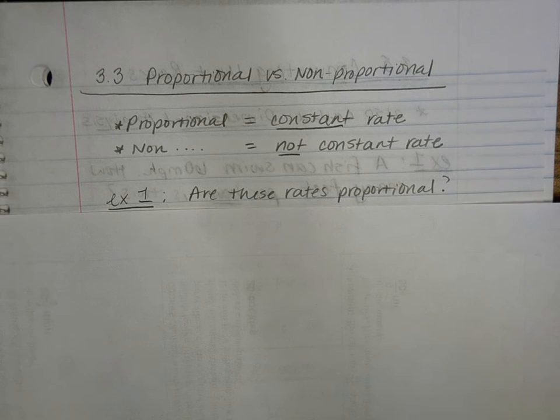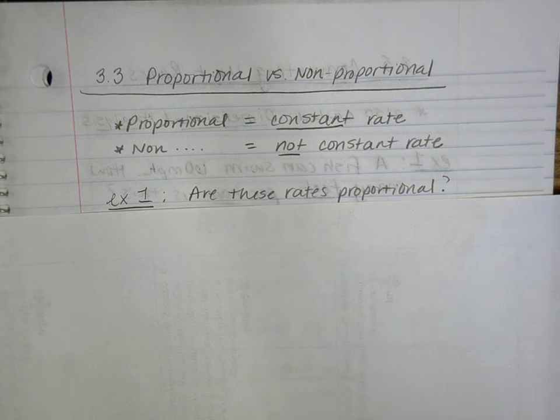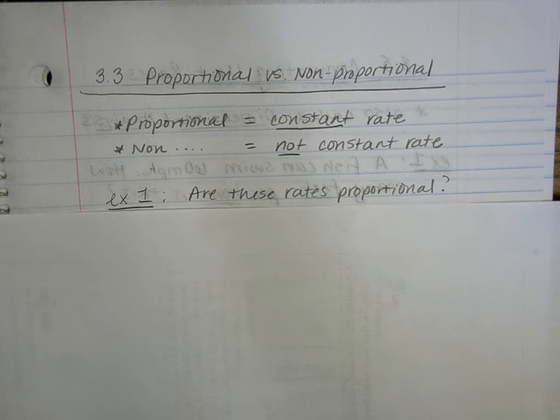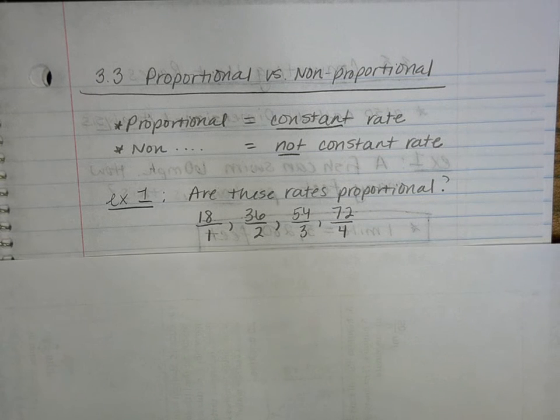Example 1. Are these rates proportional? I'm going to give you 2 rates, and you tell me, are they proportional? Oh, actually, I'm giving you 4 different rates.